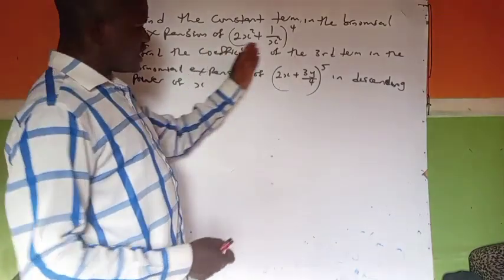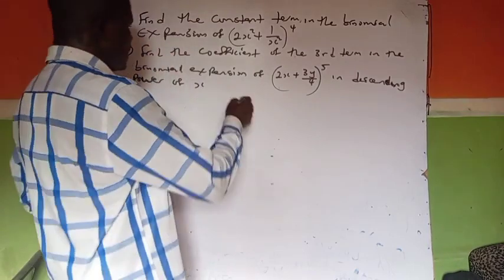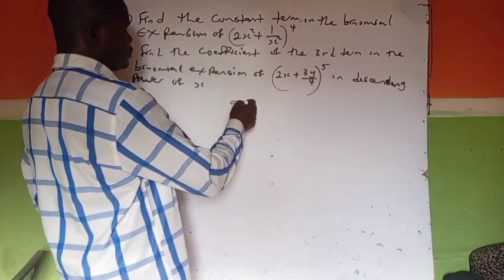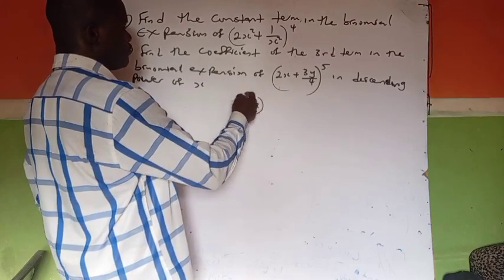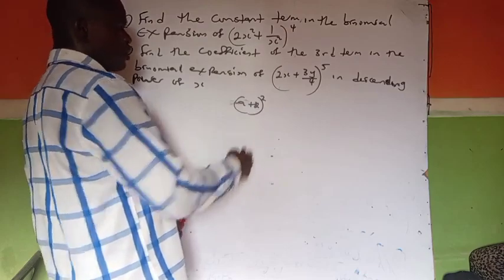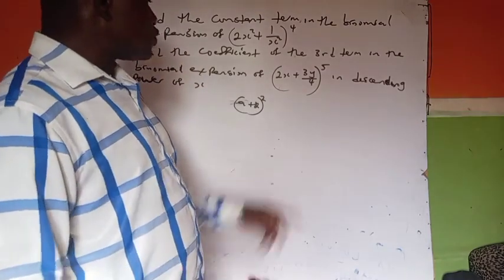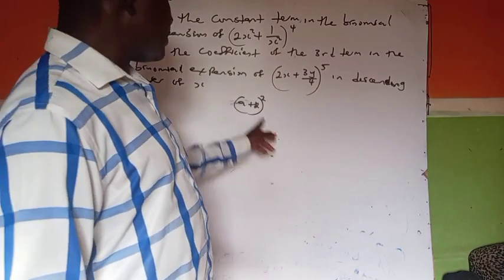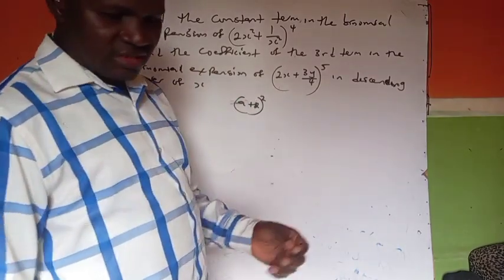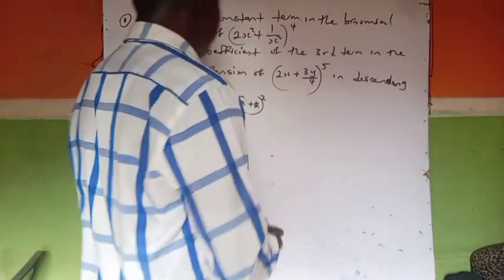When you have a binomial expansion, if you have a quadratic form like this, 2 raised to power 2 or any power, the constant term will be the number at the back, the number without a variable.